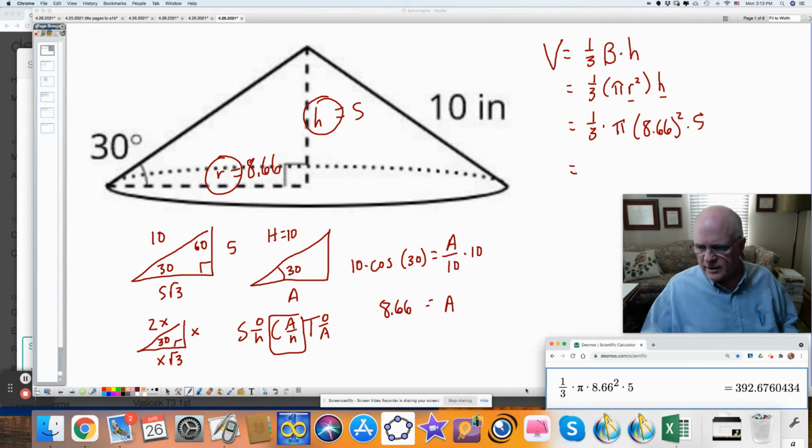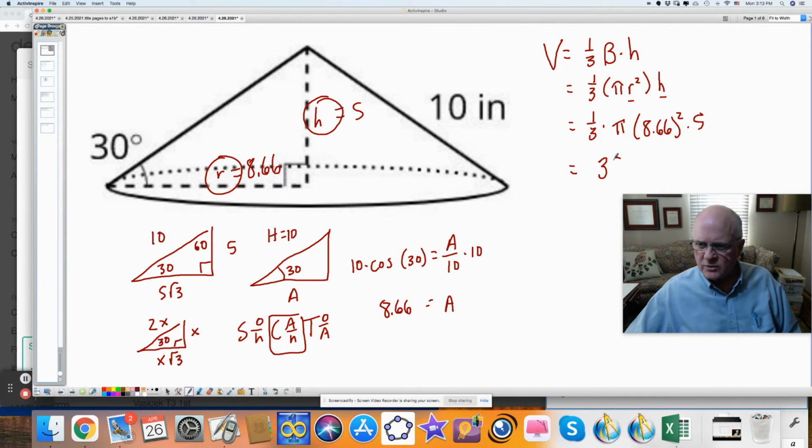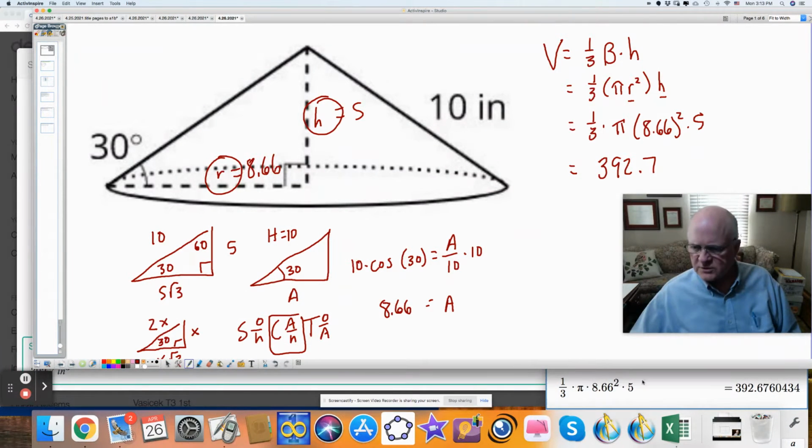And I get 392.7. That's approximated to the first decimal. Let me just move this up a little bit so you can see it.